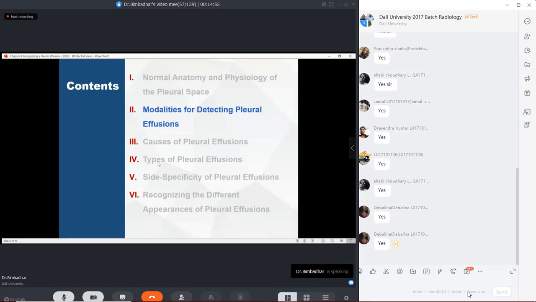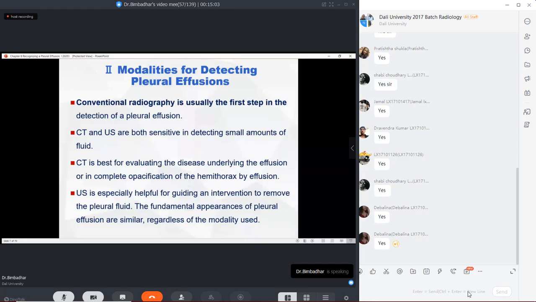So the other modality that we actually use is another view that is called the lateral decubitus view. Okay, the lateral decubitus view is the principal kind of investigation to detect minimal pleural effusions.